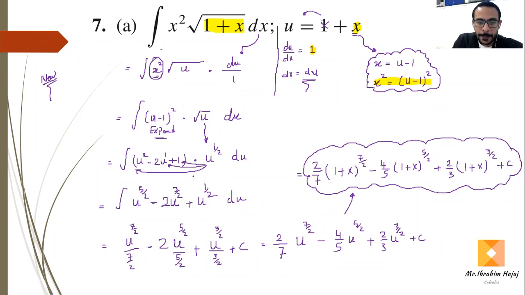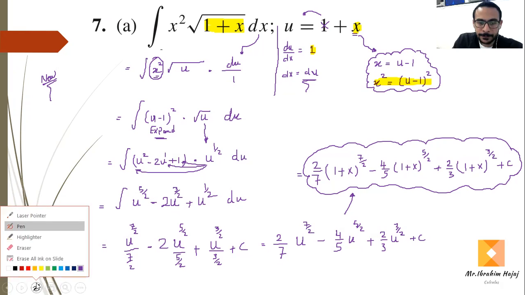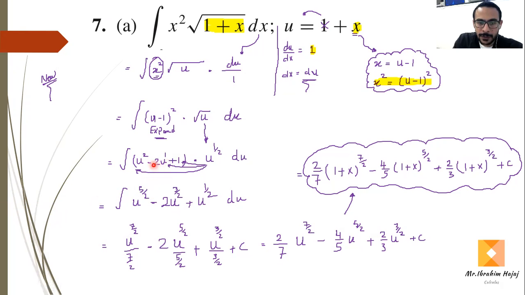Of u only. You have to multiply u to the power half by the terms inside the parentheses, this is the distributive property. U to the power half by the first gives u to the power 5 over 2. U to the power half times the second, negative 2u, gives negative 2u to the power 3 over 2, adding exponents, and u to the power half times 1 is u to the power half.